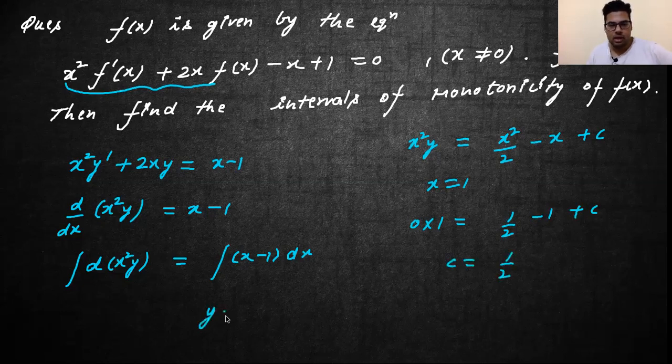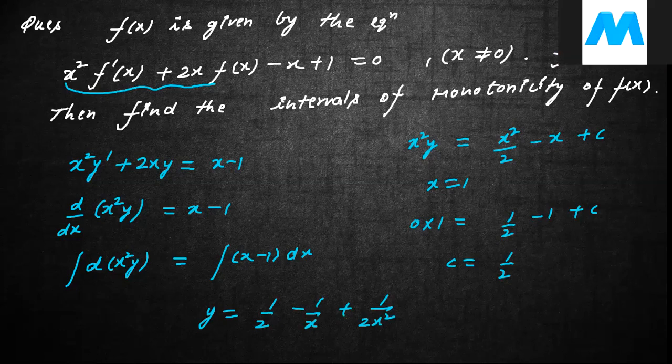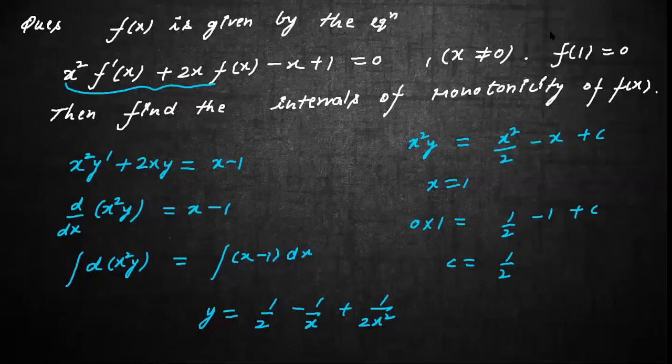So the value of y is equal to, you divide by x square, so half minus 1 by x plus c by x square, so that will be plus 1 by 2 x square, right? So this should be the function that we are getting. So we have to find out the intervals of monotonicity.